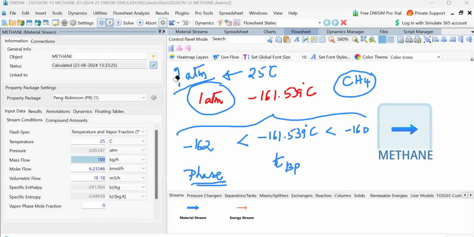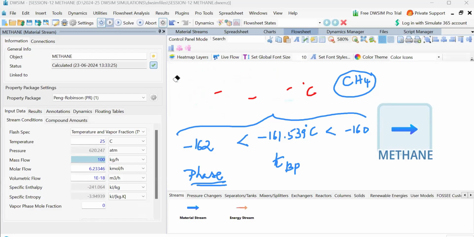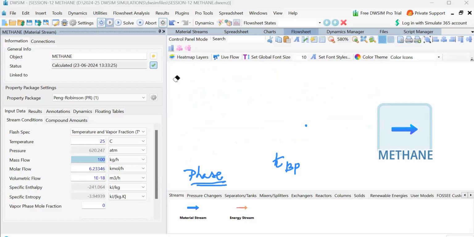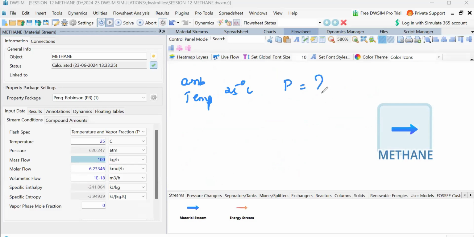See, one condition is ambient temperature. Why? Because I am comfortable to actually operate at ambient temperature. Another condition is atmospheric pressure. I'm trying to see that. One is ambient temperature of 25 degrees centigrade. If I want to operate, what is the pressure?